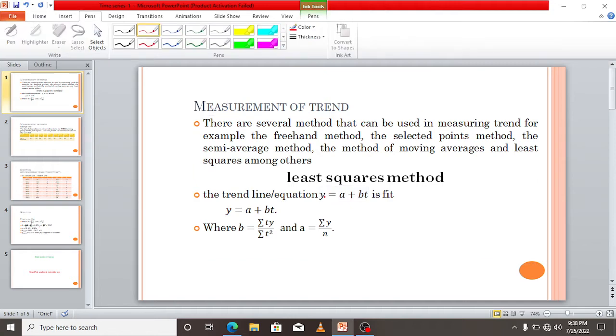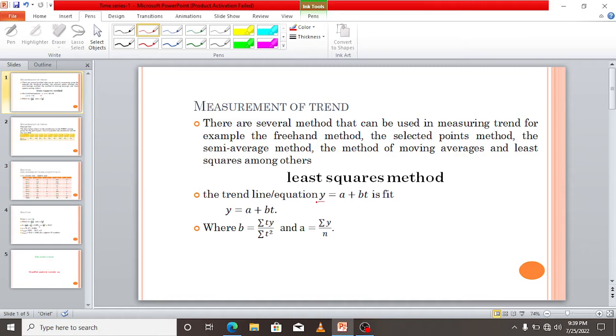Y, for example, you collected the data about profits in 2001. The annual profits were this, 2002, 2003. So that is the data given, y.